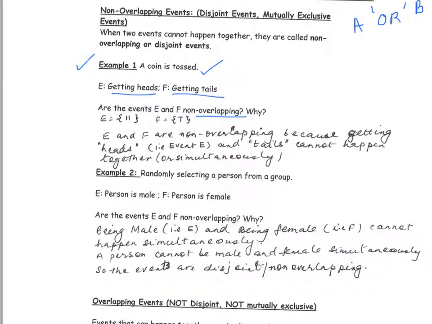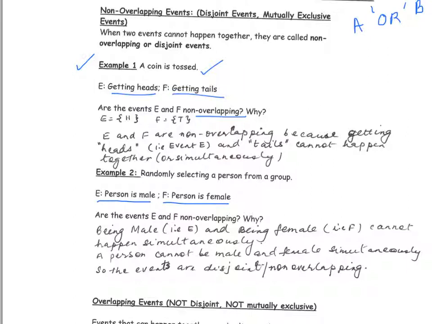Let's look at a second simple example of randomly selecting a person from a group. The first event is that the person selected is male, and the second event is that the person selected is female. Are the events E and F non-overlapping, and why?